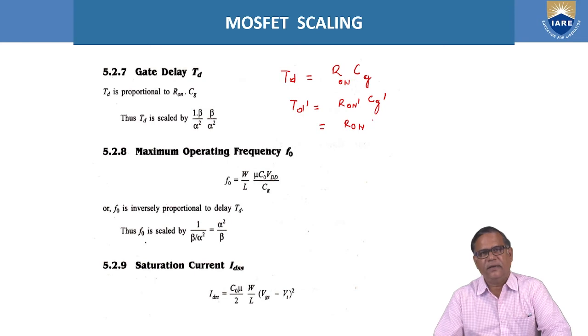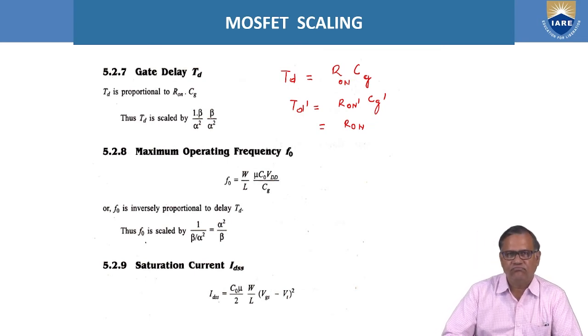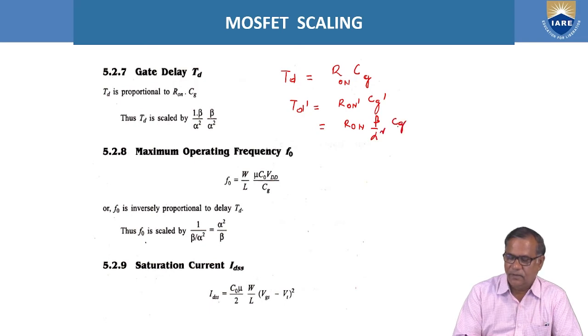And what is the effect of scaling on the gate capacitance? We told you that the gate capacitance is scaled by the factor beta by alpha square. So you put the same value, beta by alpha square CG. So this is equal to beta by alpha square RO on CG. So TD dash is equal to beta by alpha square TD.